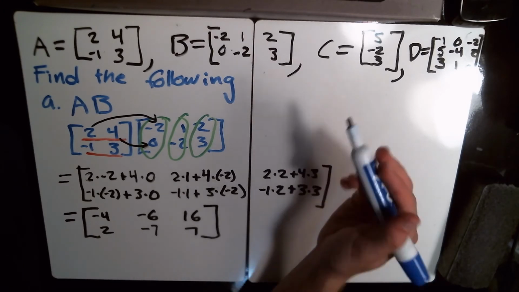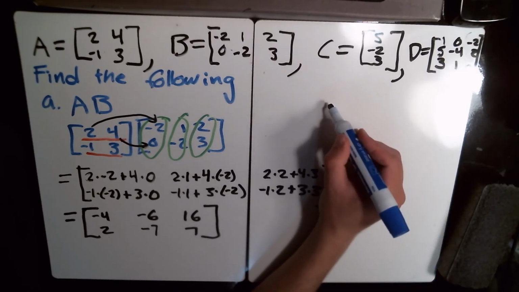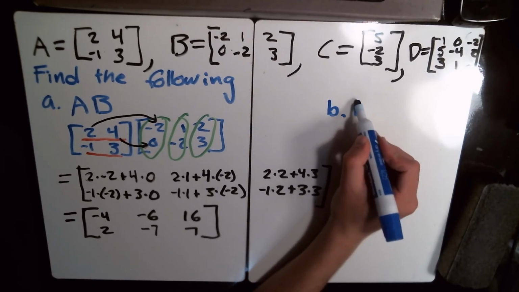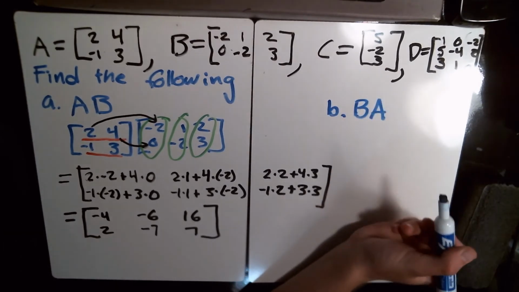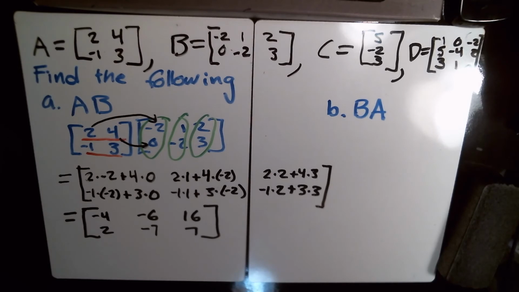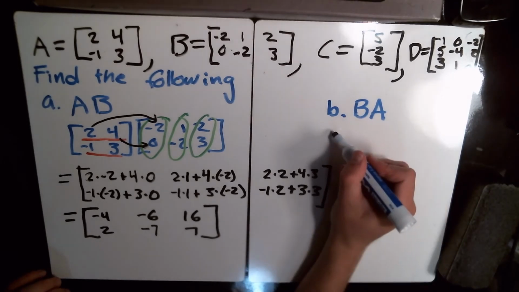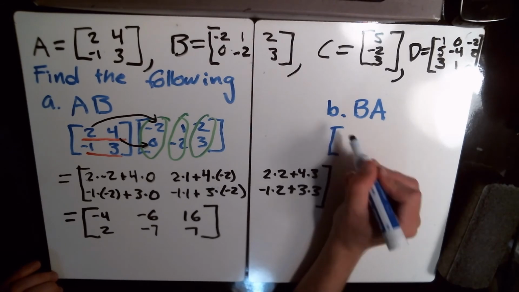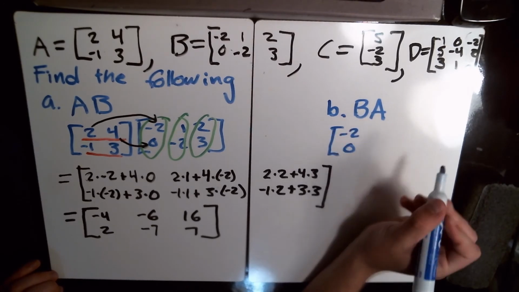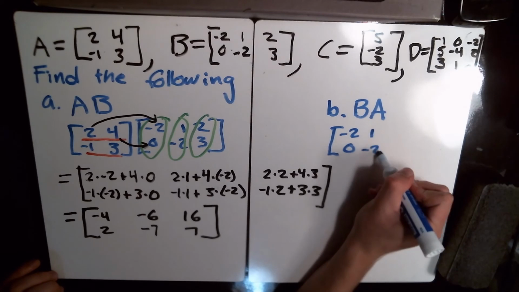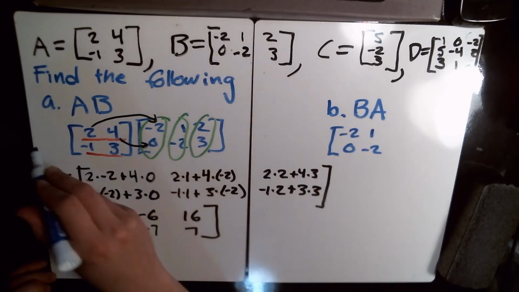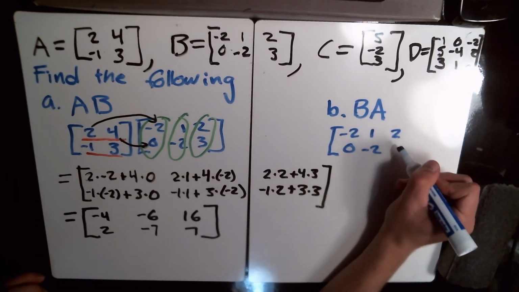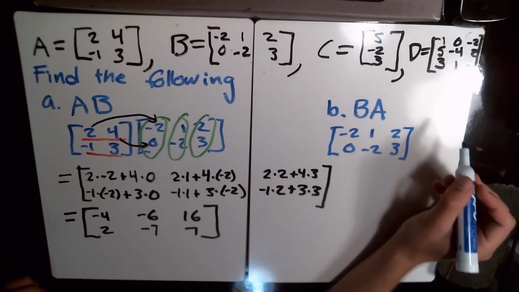I do want to look at part B before we're done here. So B is B times A, so we want to do it just the opposite order. Okay? So in matrix multiplication, you can't just switch the order on it. These two are actually not the same thing. Okay? And you'll kind of see that as we do this.